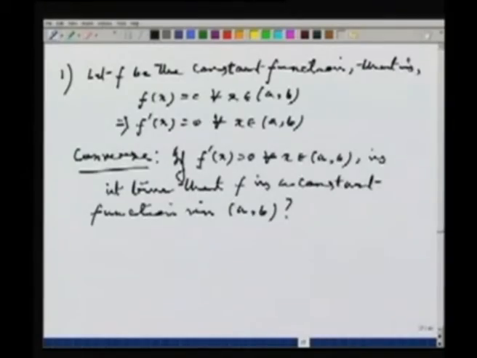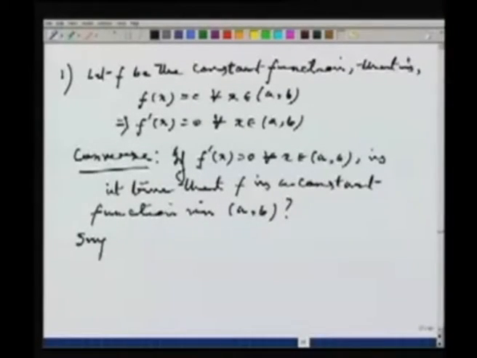This is really the converse of: if a function is constant, then its derivative is 0. The question is, if its derivative is 0 at all points in an interval, does that mean the function is constant in that interval? Notice that the question involves the whole interval. It is not about points. A non-constant function might have a derivative which vanishes at a point. That is not the point. The point is, if you have a function whose derivative vanishes in an interval, then can you say that the function is constant? It turns out to be very simple by the mean value theorem.